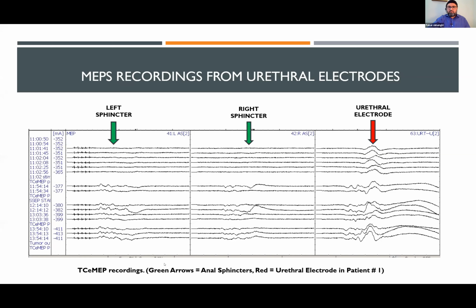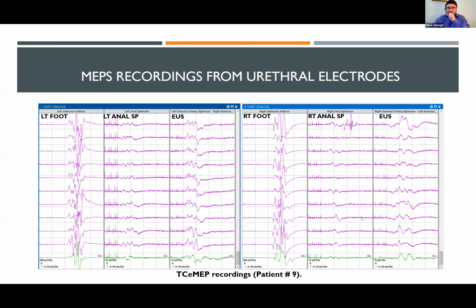Here, we are comparing the left sphincter with the right sphincter and the urethral electrode MEP. We have very good, robust, repeatable, and reliable MEP during this surgical procedure. In another patient, we have the left side and the right side, left MEP and right MEP, comparing left foot, left anal sphincter, and right foot to the external urethral MEP.